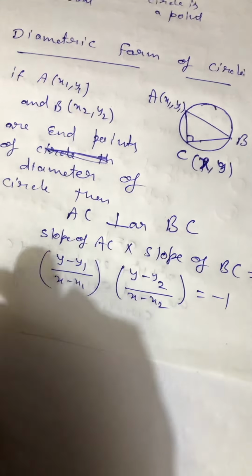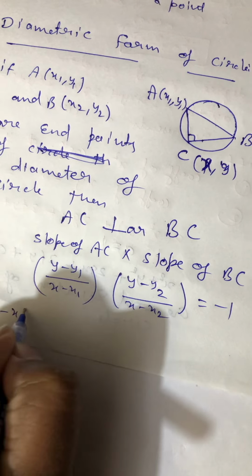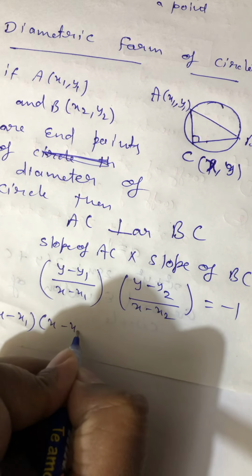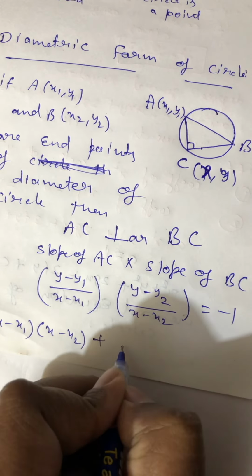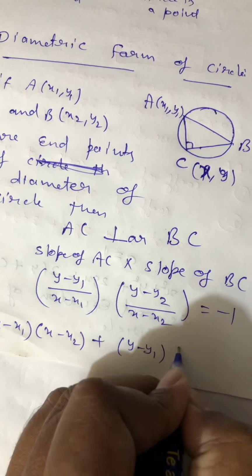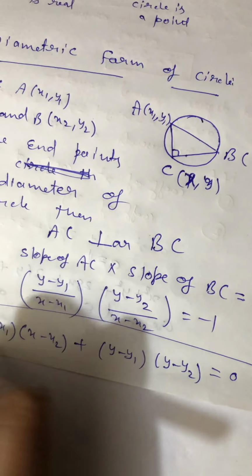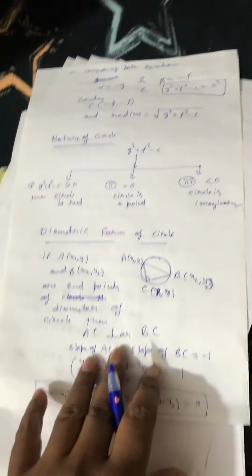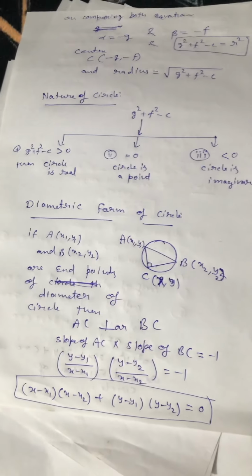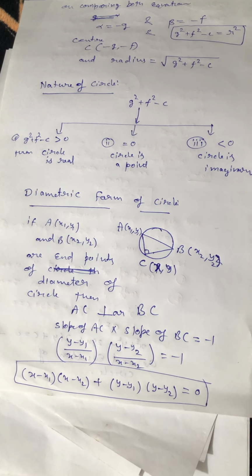On simplifying, we can find the equation of the circle: (x minus x1)(x minus x2) plus (y minus y1)(y minus y2) equals 0. That is the standard result for a circle whose end points of diameter are given.